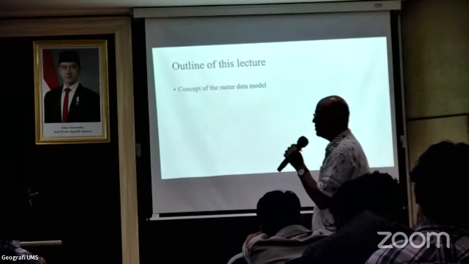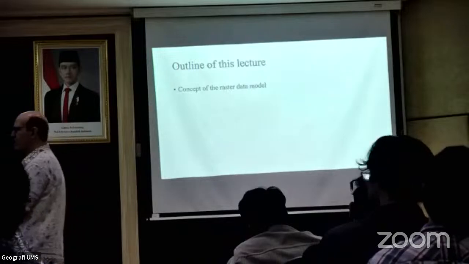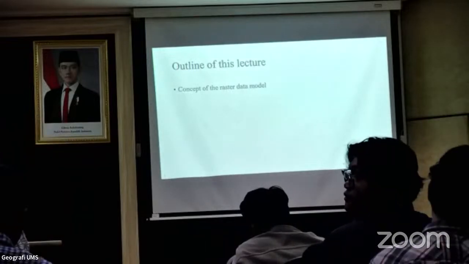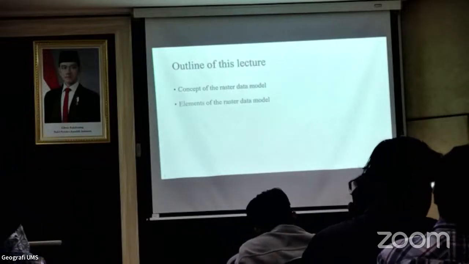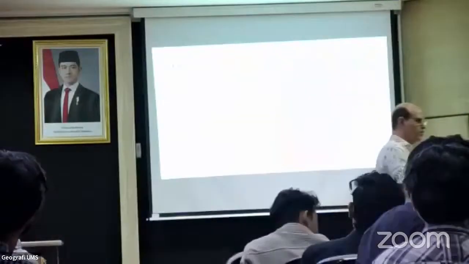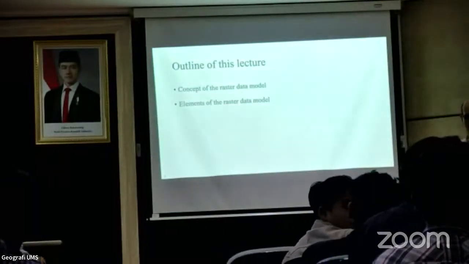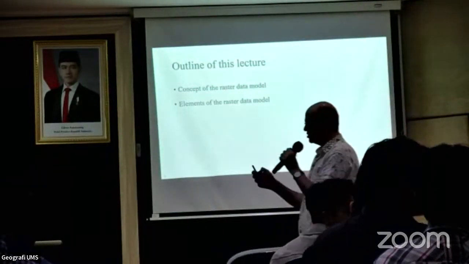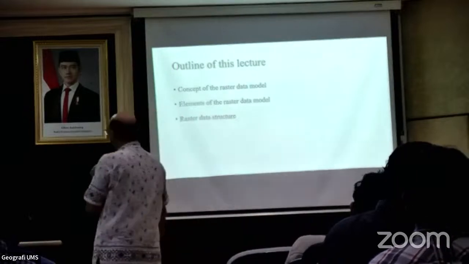It's a pixel. I already simplified it: it's a pixel-based database. There are some elements of the raster data model that you need to understand if you want to really work with it. I will cover that.